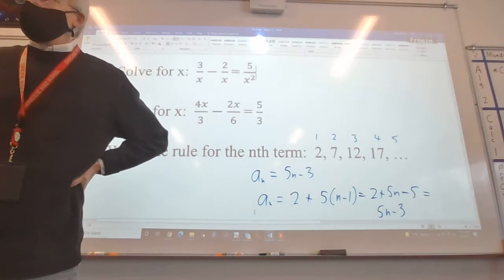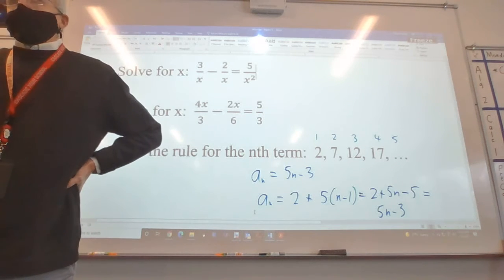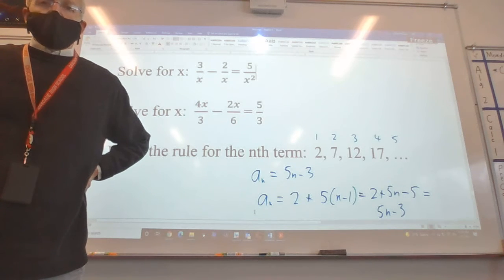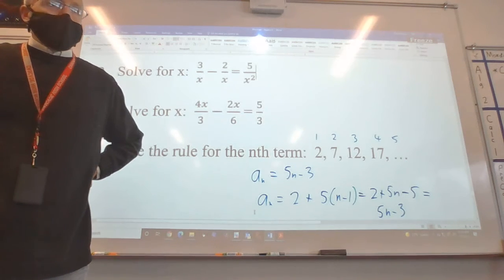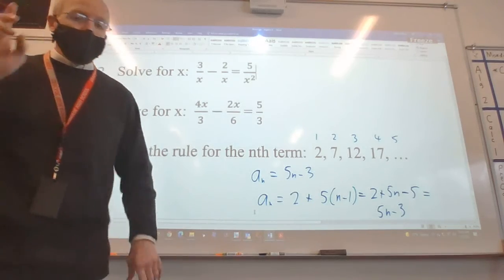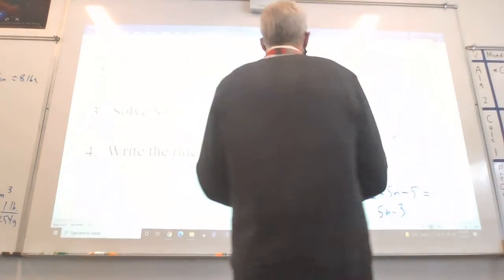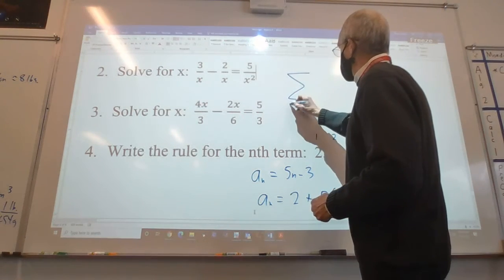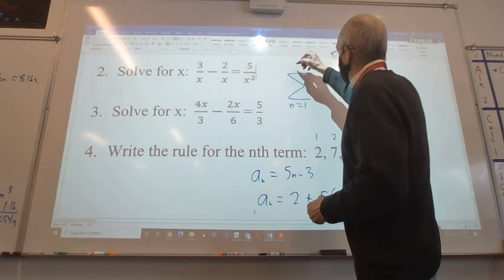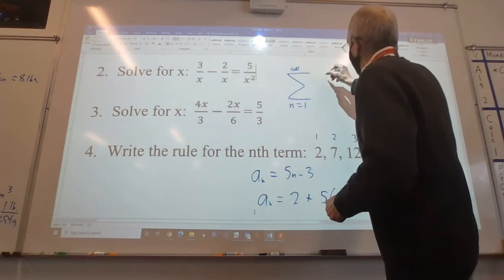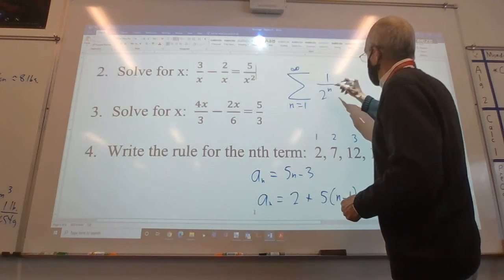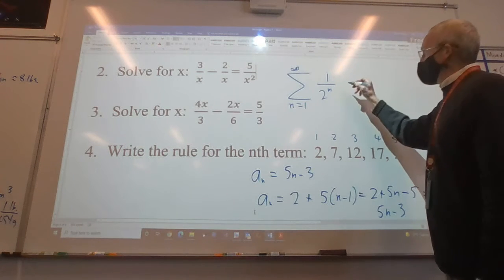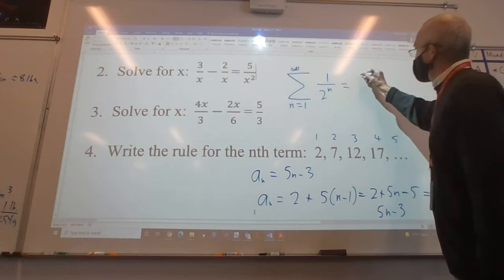Okay, good. So I have a worksheet with a lot of practice on this stuff. We talked about sums. Remember this big sigma tells you if you're summing things. So we talked about the sum from n equals 1 to infinity of 1 over 2 to the n, which is, when n is 1, 1/2.